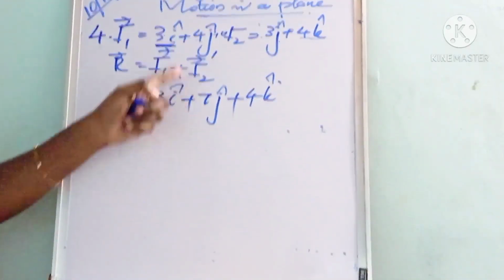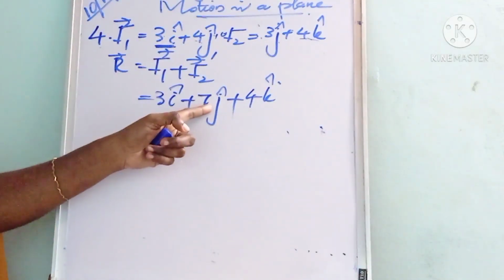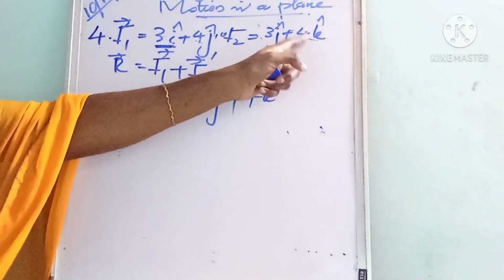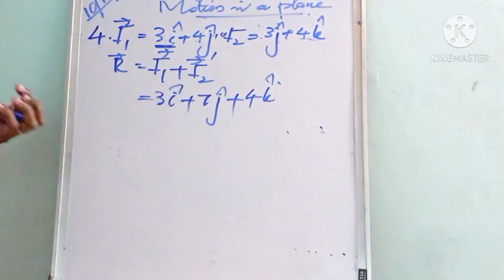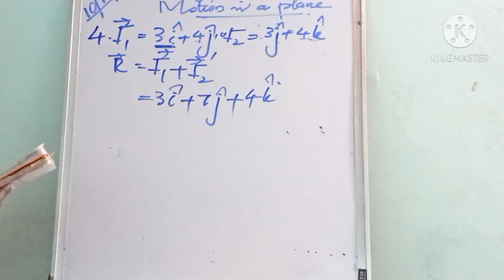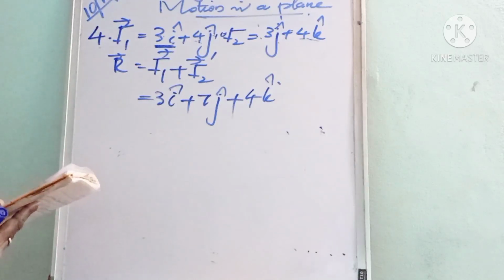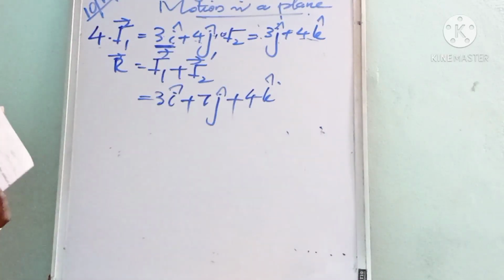So 3i plus 4j plus 3j, that is 7j, then plus 4k. The resultant vector R is equal to 3i plus 7j plus 4k. But we have to find the magnitude of the resultant force.